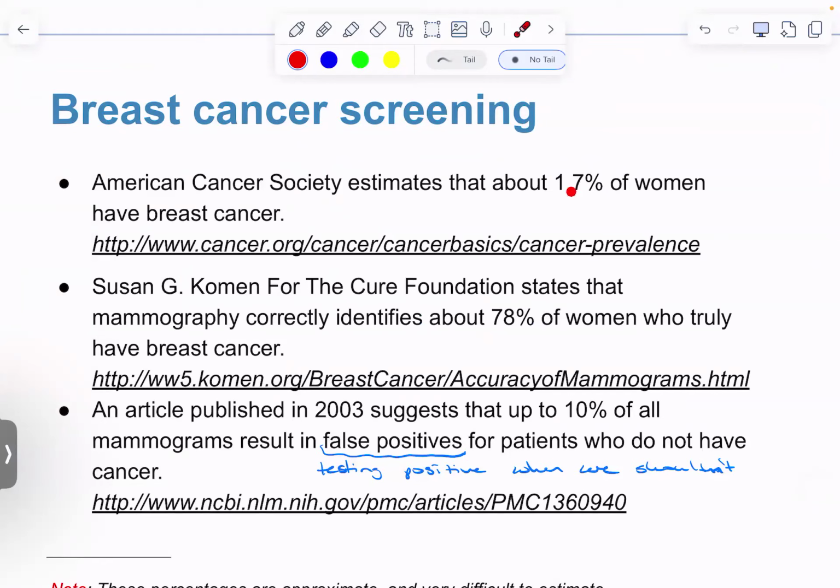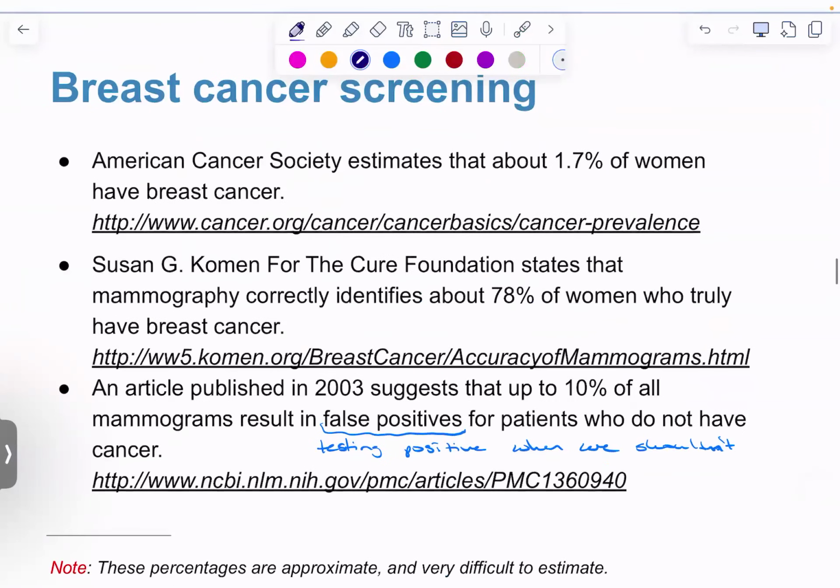So overall, 1.7% of women are estimated to have breast cancer. Relatively low, right? But 78% of the women who truly have breast cancer. So this is a conditional probability, right?